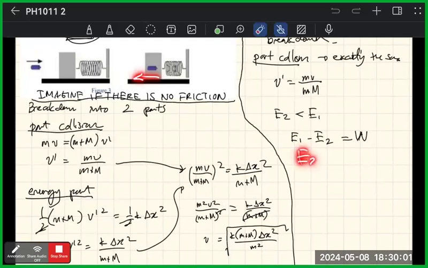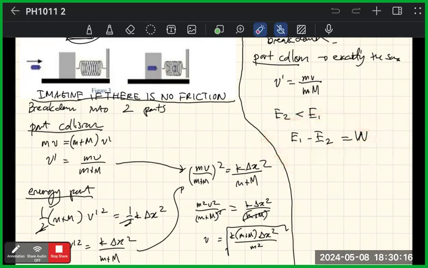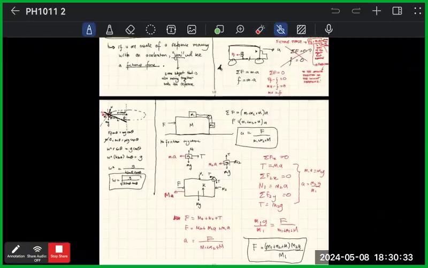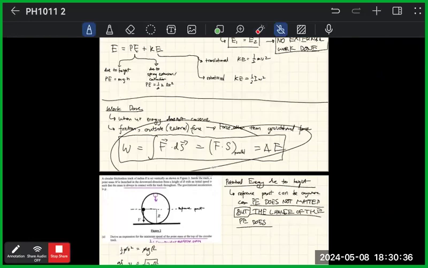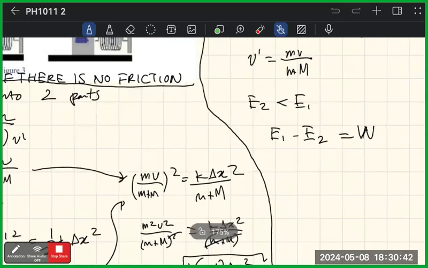So it's E2 minus E1 equals minus mg mu times S. But in this case I would just use W as always positive, because the logic says energy 1 has to be larger than energy 2, so energy 1 minus energy 2 is a positive number. It's a positive work done by the friction, so we're seeing it from the friction point of view. If you want to use the regular methods, it's good to do, but I just want to explain how this works physically.